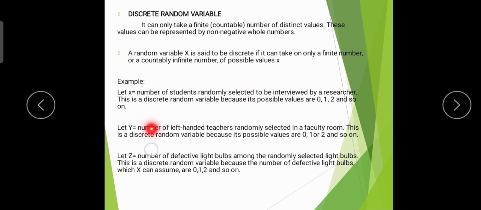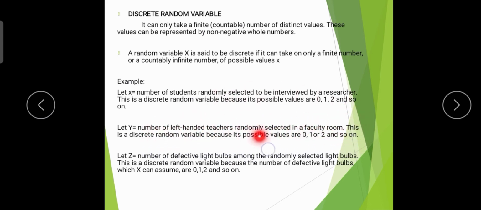Another example, number of left-handed teachers randomly selected in the faculty room. This is a discrete random variable because its possible values are 0, 1, or 2, and so on. Same thing with example number 1. Still, countable pa rin siya.